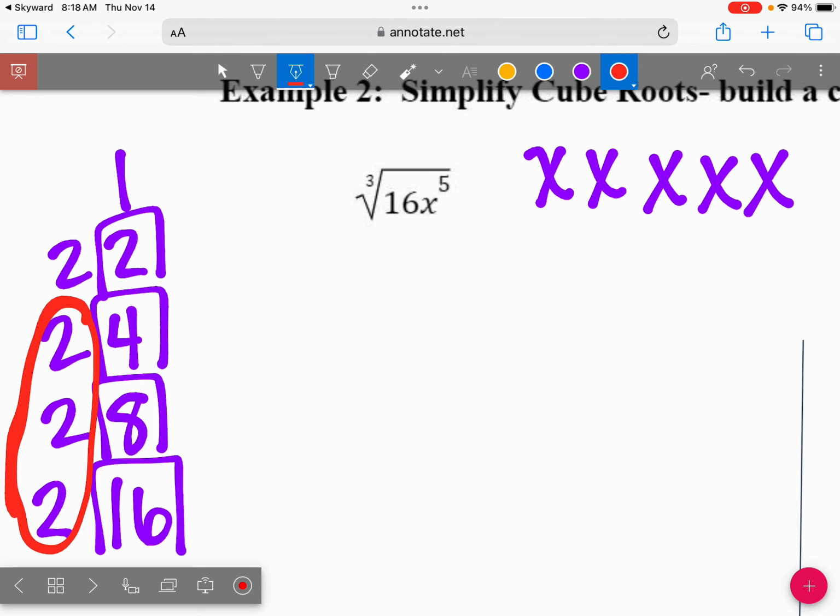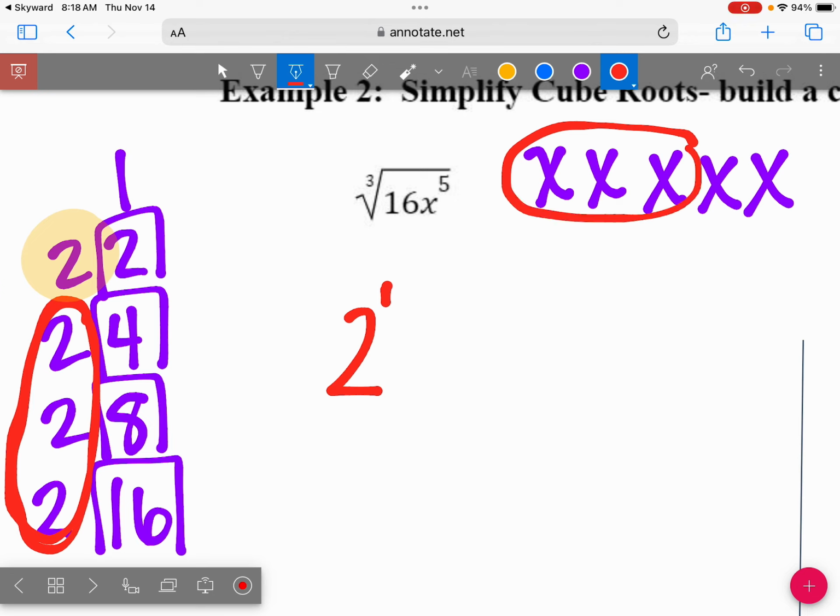So I have one group of 3. And you can put the invisible 1 right there. That means I have one group of triplet 2s. That's what that means. And then this time, I got somebody left out. That's going to have to stay in the house. And when I look at my x's, I have one group of triplet x's that can come out.